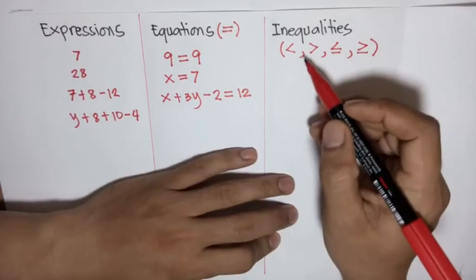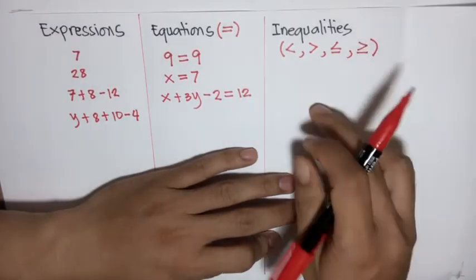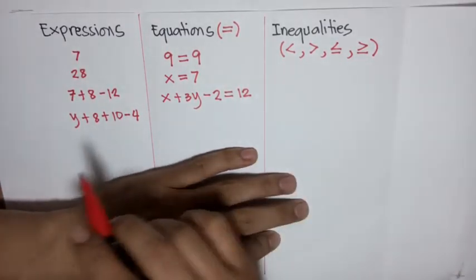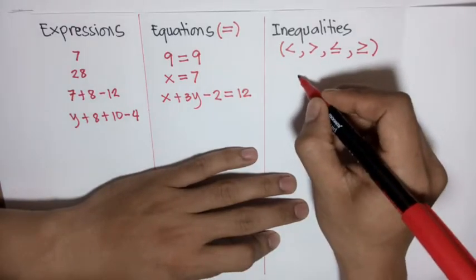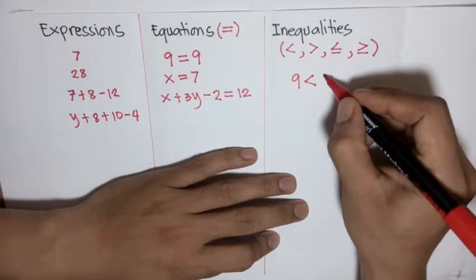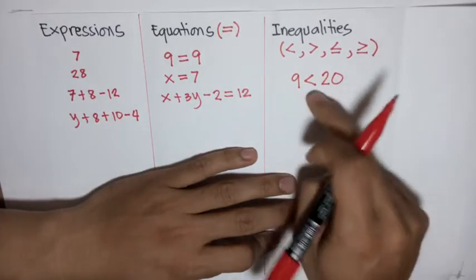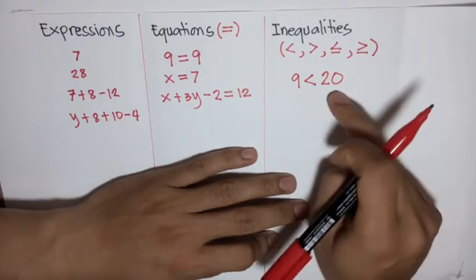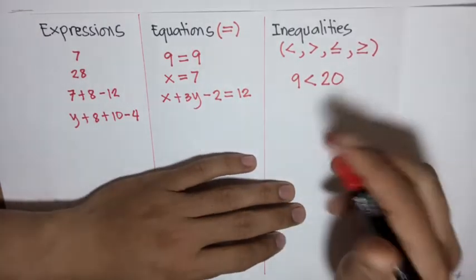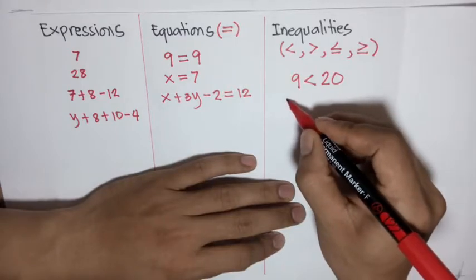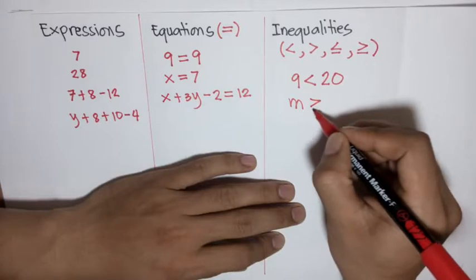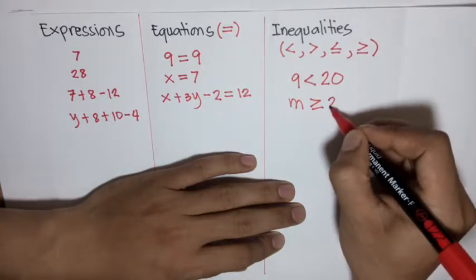Now inequalities. Just the same, we are comparing two expressions in which they are not equal. For example, 9 is less than 20. You are comparing two numbers or two expressions. One is less than and the other is greater. And when you have a variable, say, m is greater than or equal to 20.